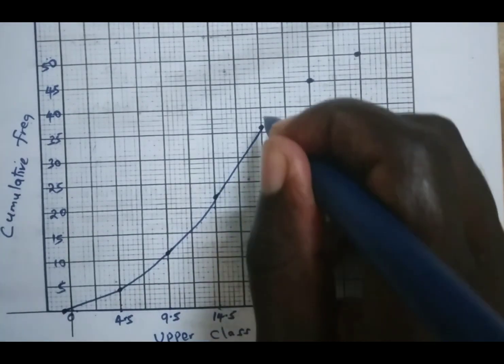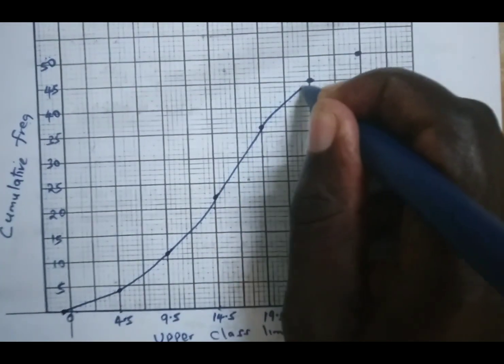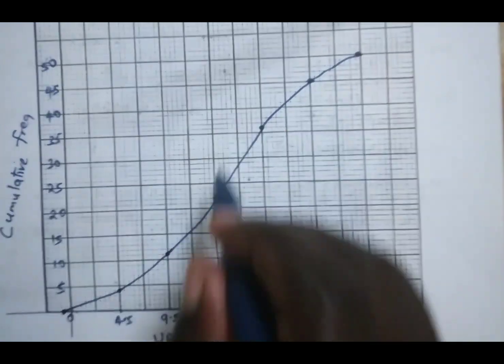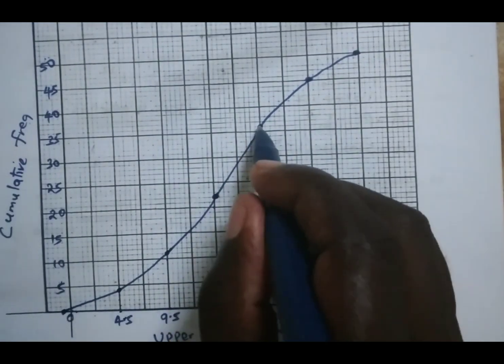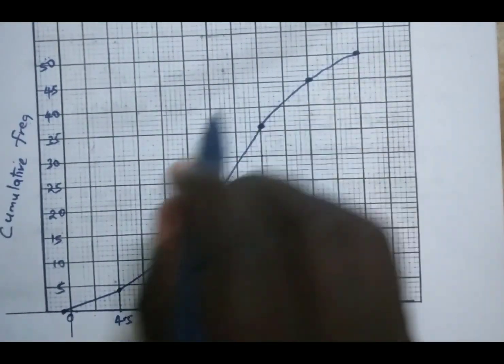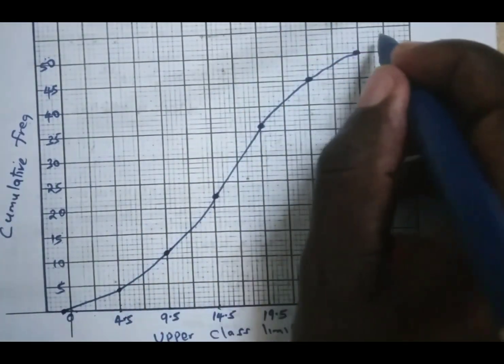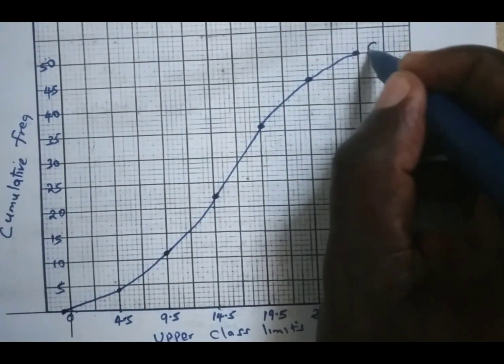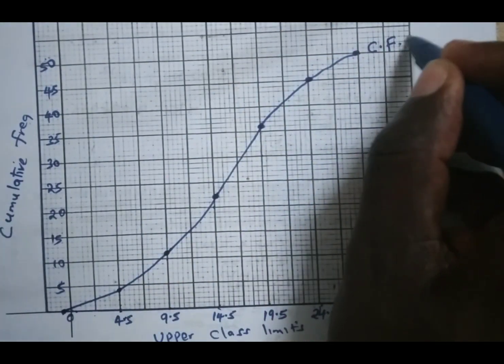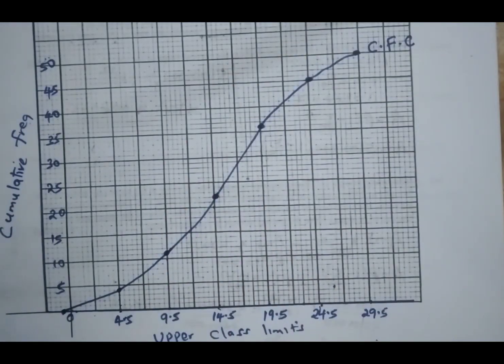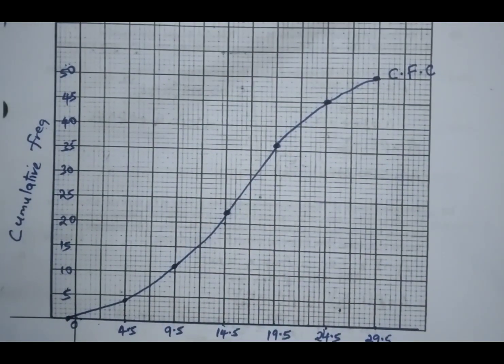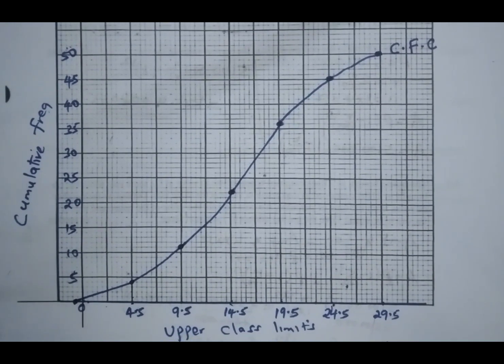You join all the plotted points like this, and by so doing now you have obtained your cumulative frequency curve, also known as our ogive. Having drawn our cumulative frequency curve, we use it to answer the given questions.